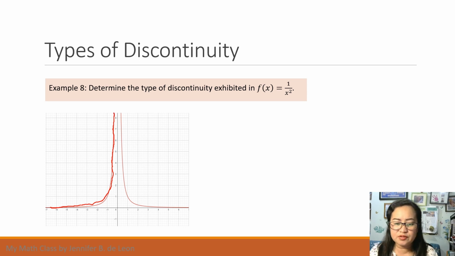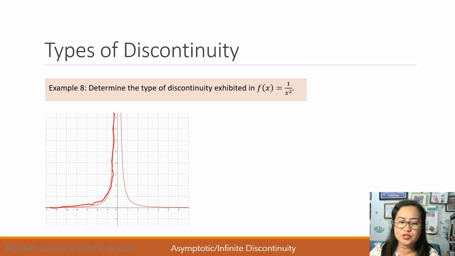So by definition, we can conclude already that this graph is discontinuous and the kind of discontinuity would be asymptotic or infinite discontinuity. Okay, by definition, at least one of the limits is equal to infinity.